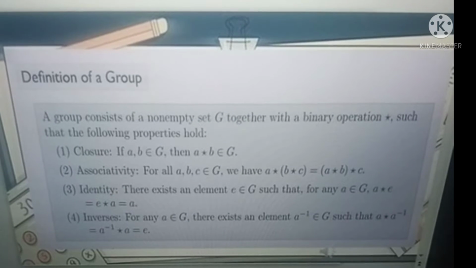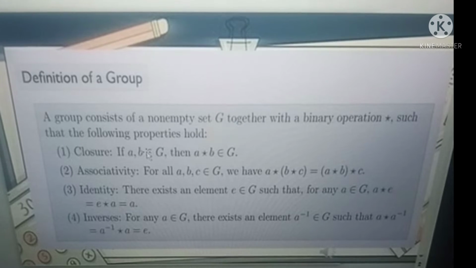So let us proceed. Later I will be giving an example of this group after I discuss the subgroup.